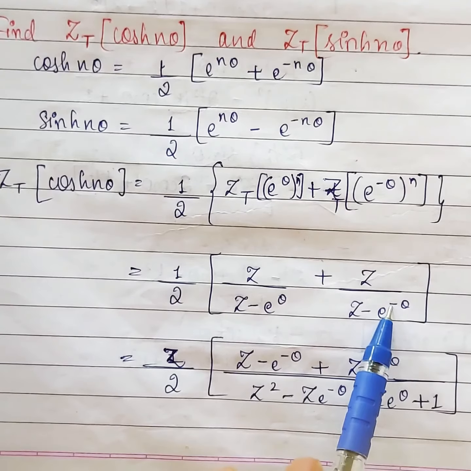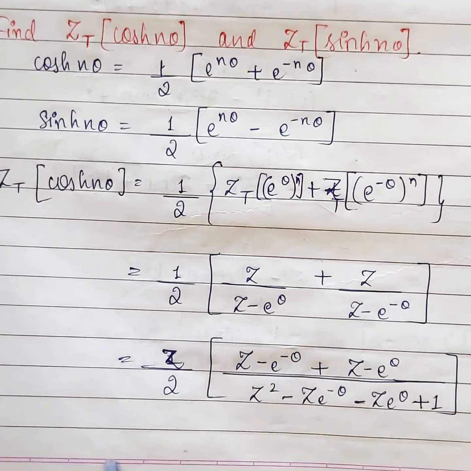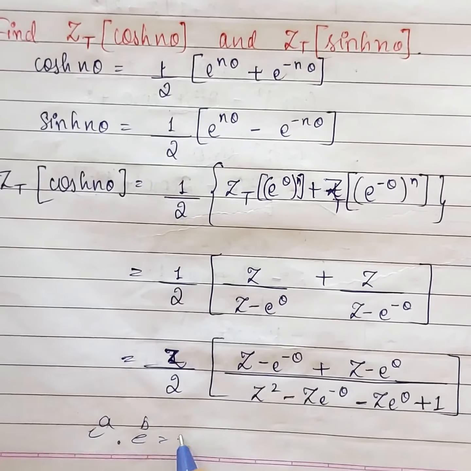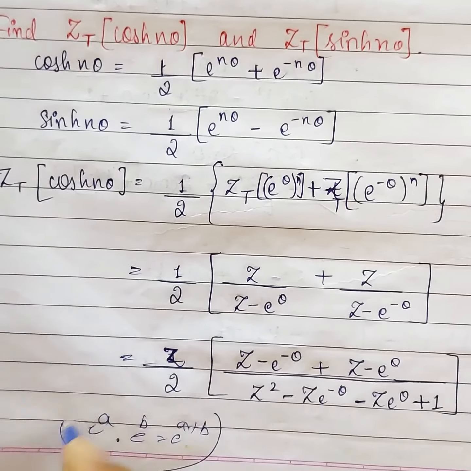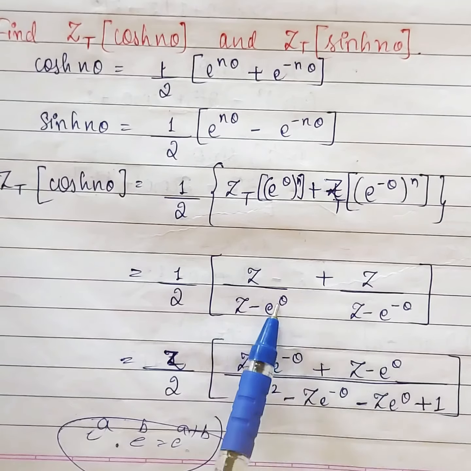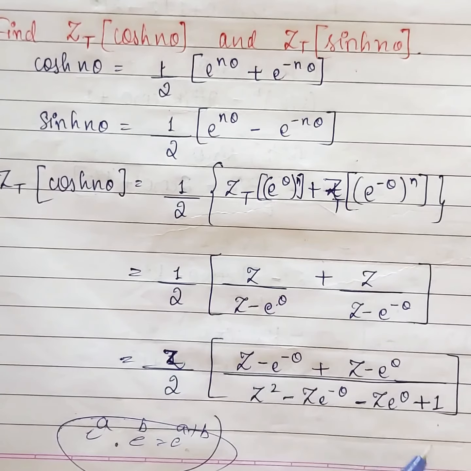When we multiply e power a into e power b, what is the formula? e power a into e power b is e power a plus b. We'll add the power, right? So e power theta plus minus theta, so e power 0, that is 1. So the last term became 1.